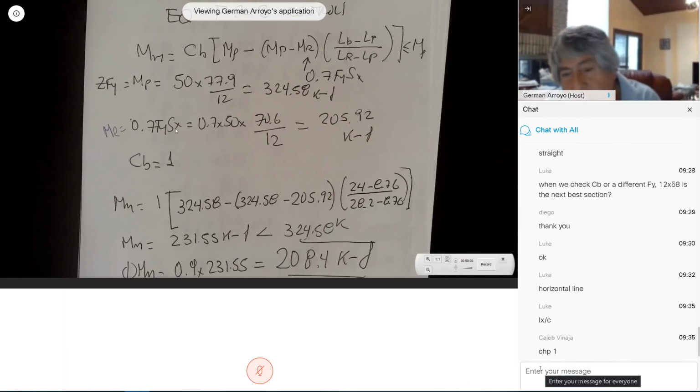It's not given in chapter 3. So this is 205.92 and 324.58. Look at the values when I multiply by 0.9: 324 and 205.